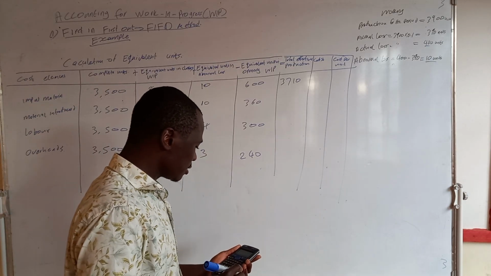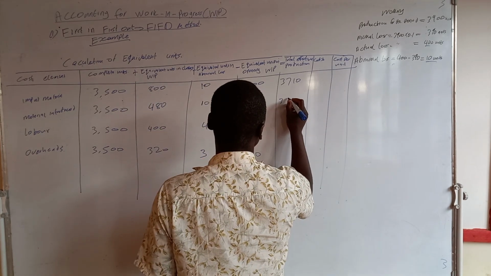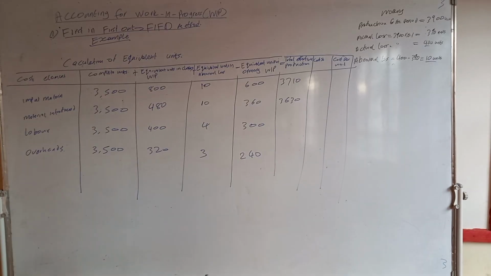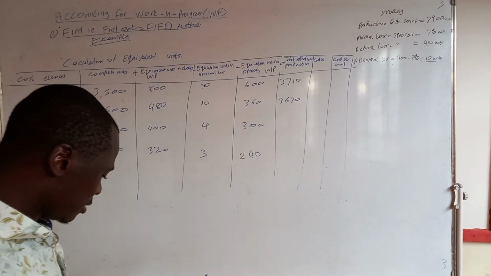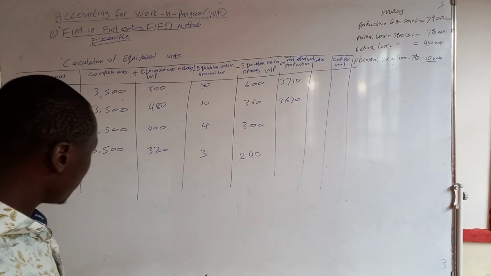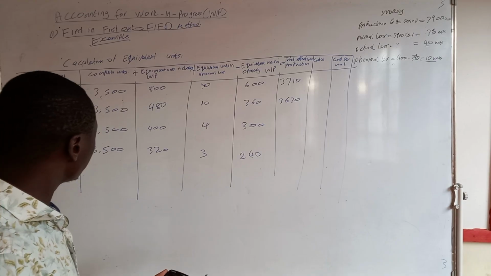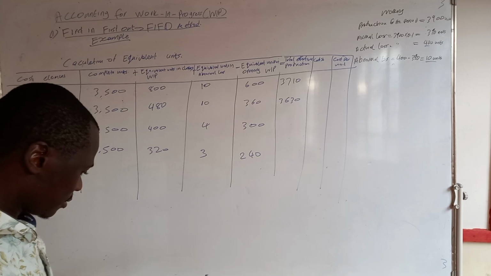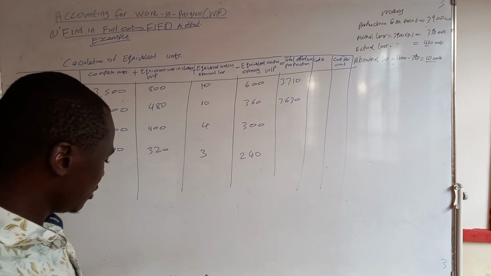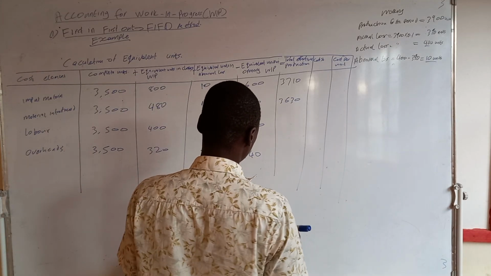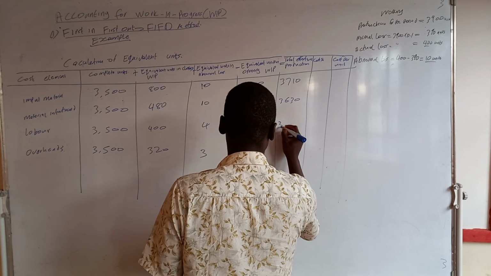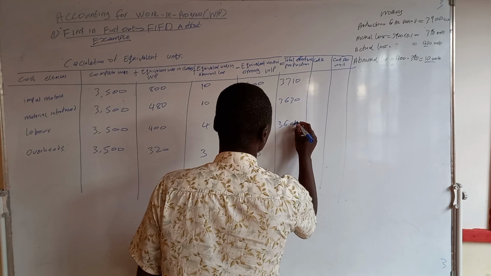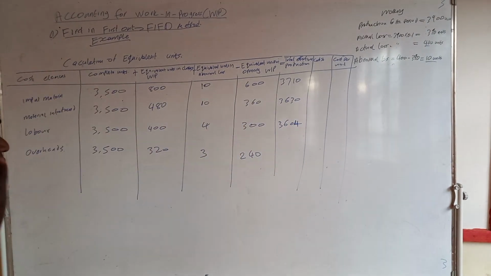That is 3,630. We go to labor. Labor is 3,500 plus 400 plus 4 minus 300. What do you get? 3,604. Okay?